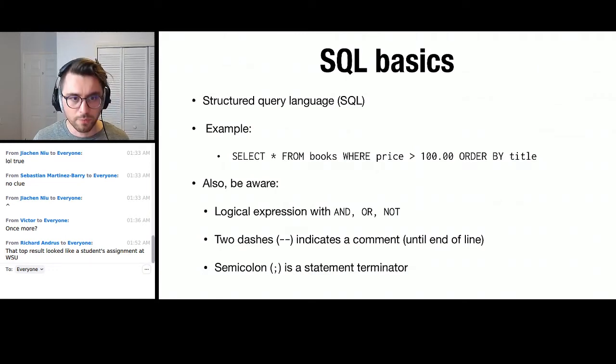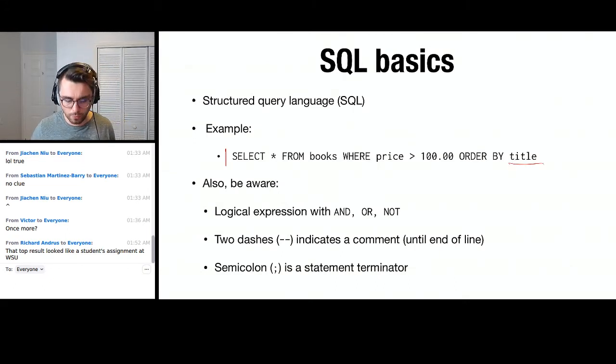So here, if you haven't seen SQL, that's totally okay. It's a super simple, well, it's really complicated, but at a high level, it's a very simple language that lets you perform queries like this, which basically says, give me all the rows from books where the price of the book is above 100, and then order these results by title.